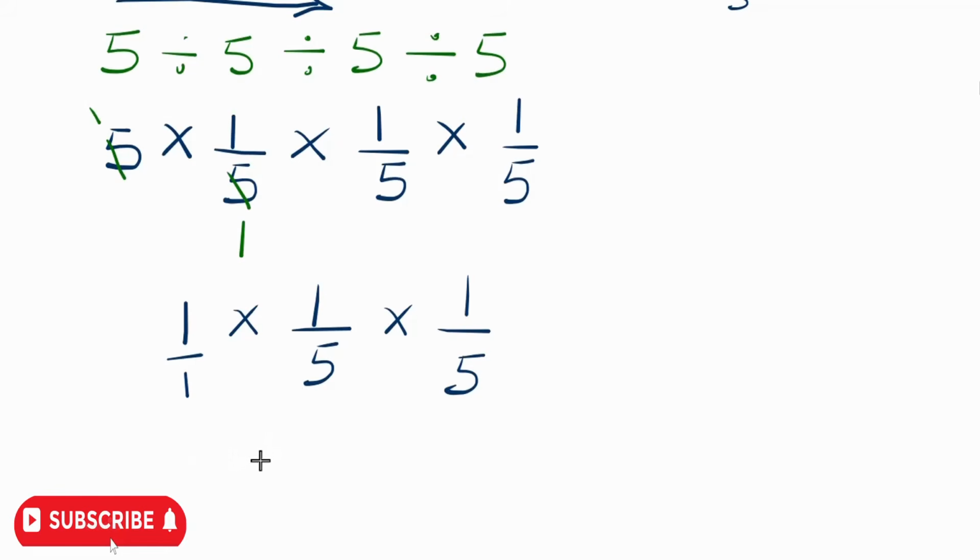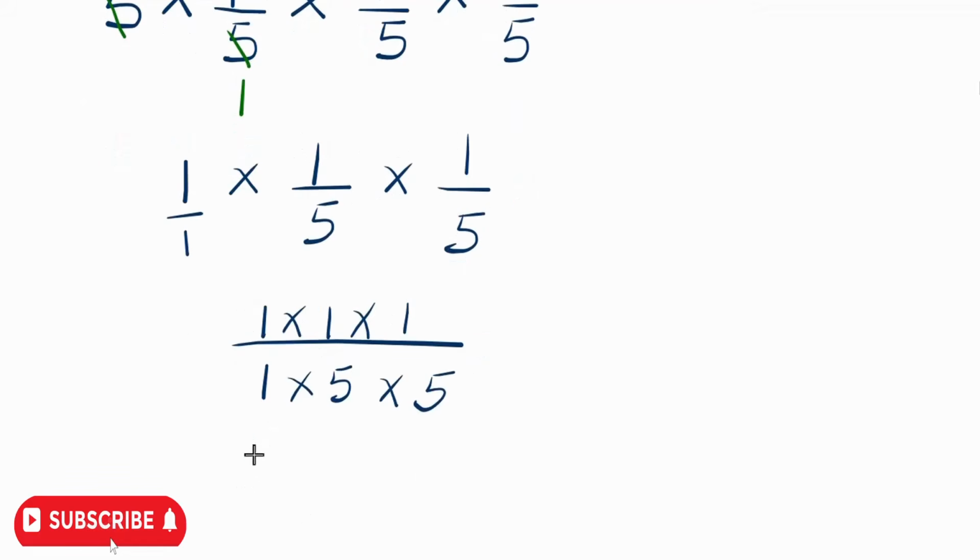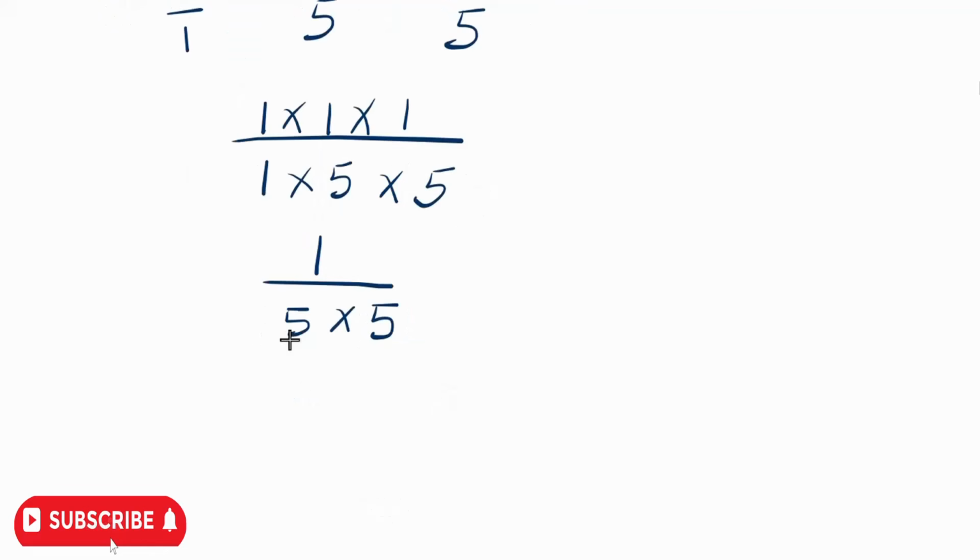So in here we have 1 multiplied by 1 multiplied by 1 as the numerators. Then divided by the denominators, you have 1 multiplied by the 5 and multiplied by 5. So the numerator we have a 1, divided by 1 multiplied by 5 is the 5. Then multiplied by this another 5. So in here we have our response as 1 divided by 5 multiplied by 5, that is 25.